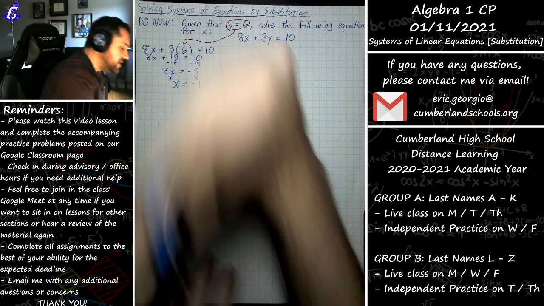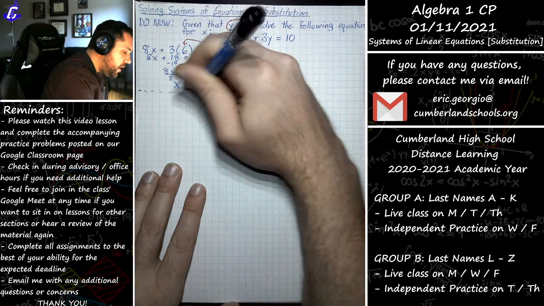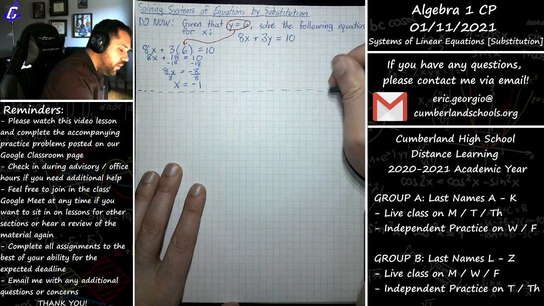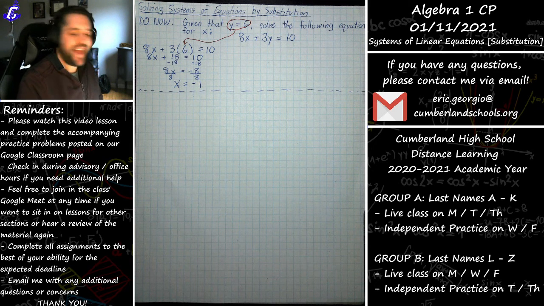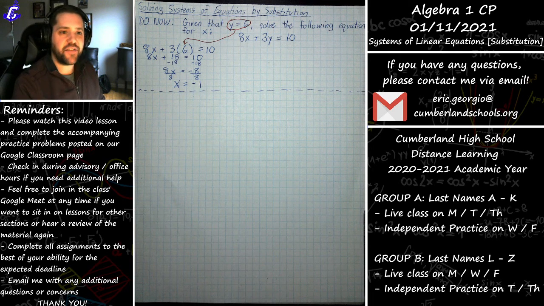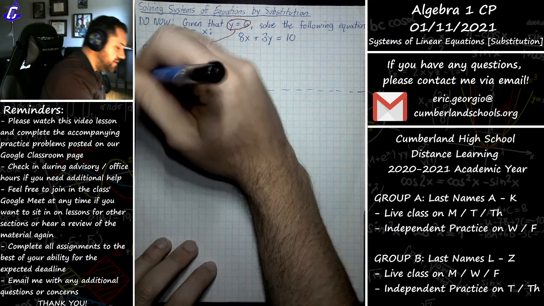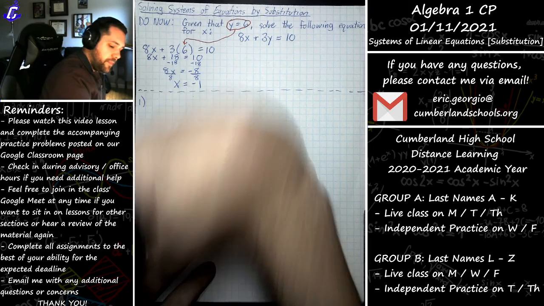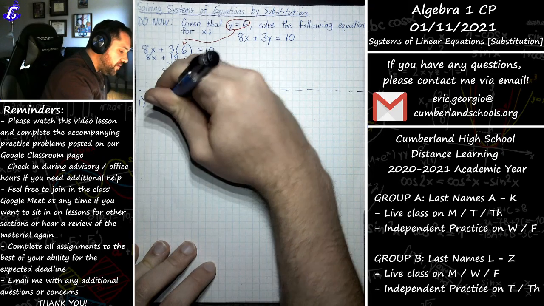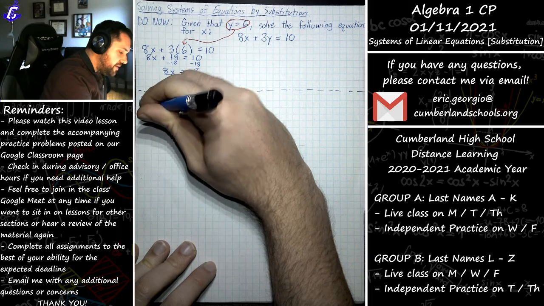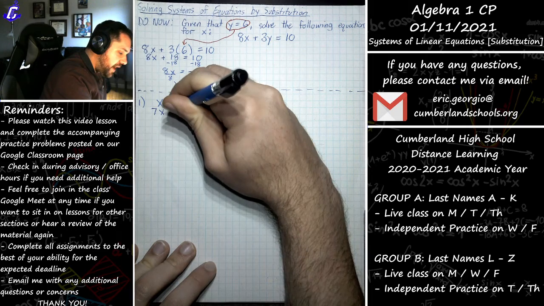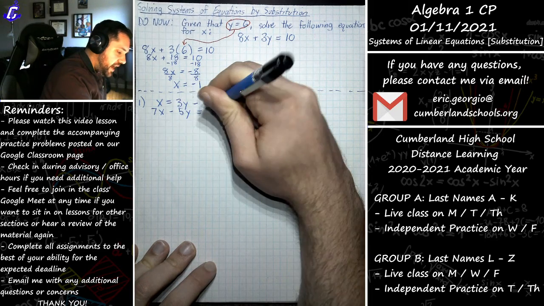All right, so consider a problem kind of like this. When we're trying to solve a system of equations, just like when we did by graphing, we're trying to find a value for x and a value for y that satisfies both equations at the same time. So consider something like this. First problem here: x is equal to 3y minus 1 and 7x minus 5y is equal to 9.